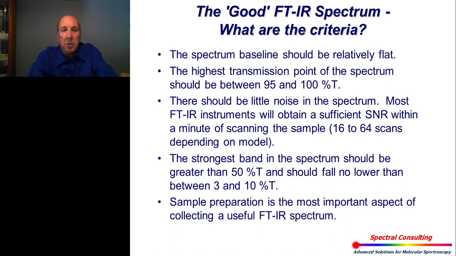The strongest band in the spectrum should be greater than 50% T, percent transmission, and should fall no lower than between 3 and 10% T, because then we're running into the problem of overabsorption, where we're going beyond the sensitivity of the detector. And the last comment there, sample preparation is the most important aspect of collecting a useful infrared spectrum.